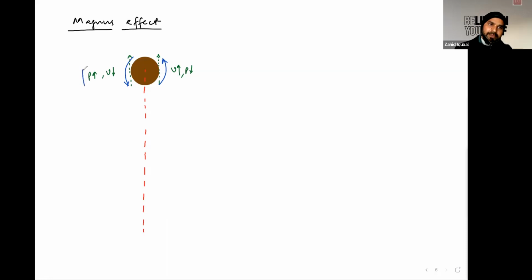Since we have higher pressure towards this side and lower pressure towards this side, it will deviate from higher pressure to lower pressure. So it will go like this.